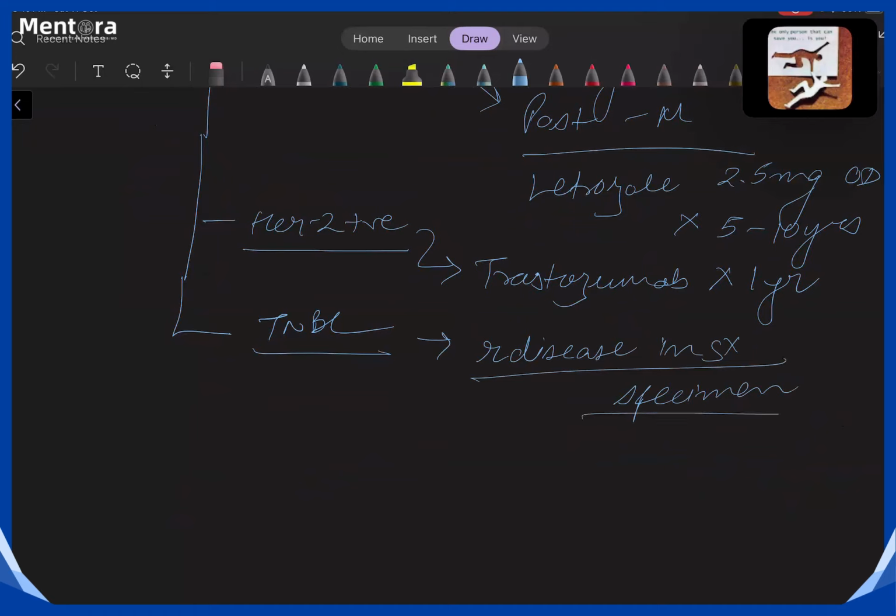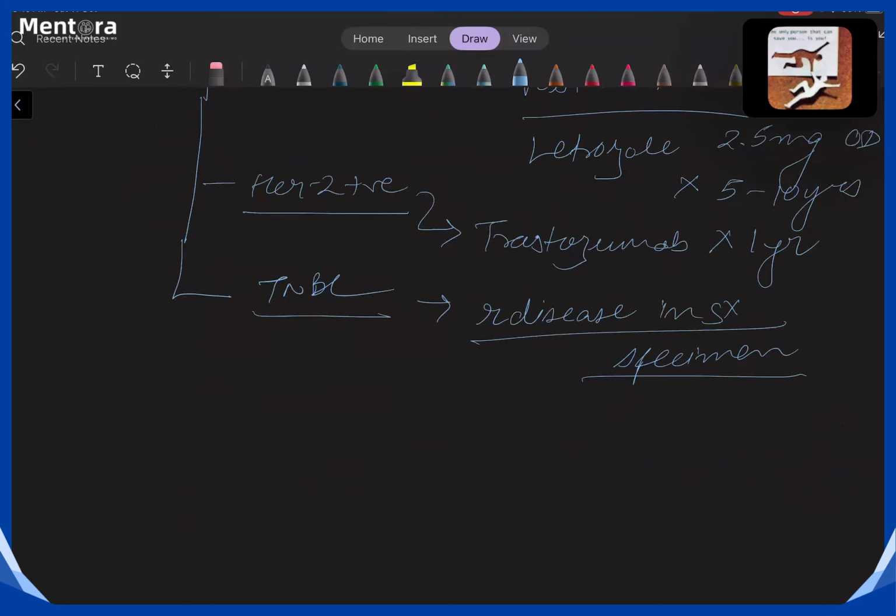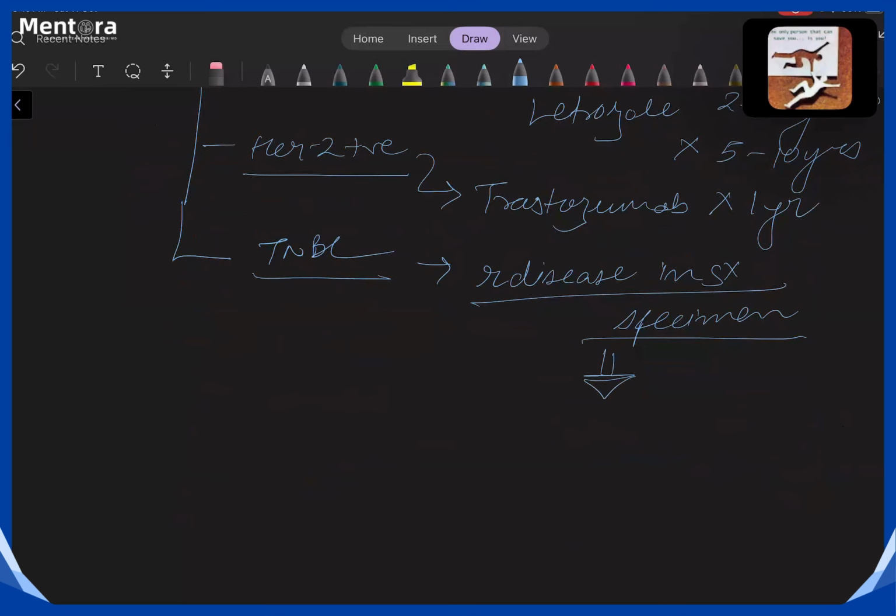We have removed the breast and still there is a tumor in the breast. There has been a new study called the CREATE-X trial, which shows that in triple negative breast cancer patients with a residual disease, there is a role of capecitabine. Capecitabine is a chemotherapy which is given orally.